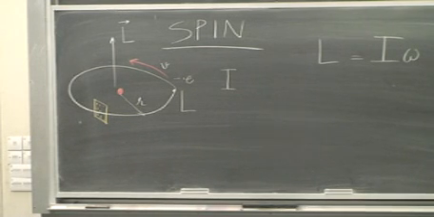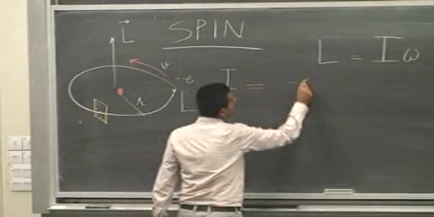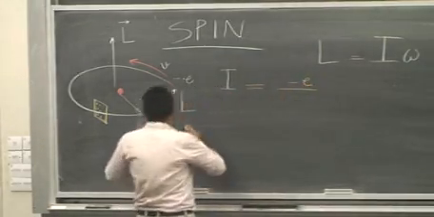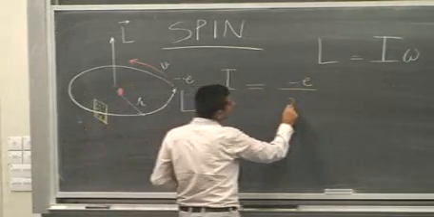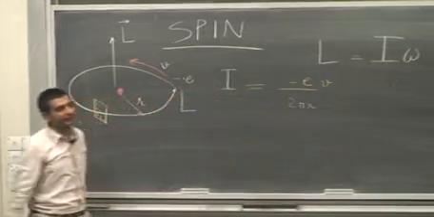So the current is charge per unit time. The charge is minus e, and the time period is the circumference 2 pi r divided by the velocity. So this is the current.